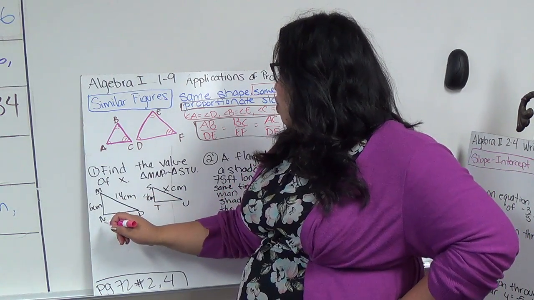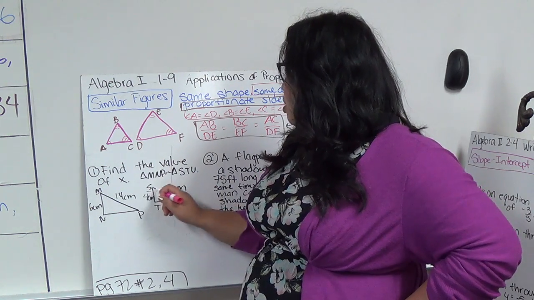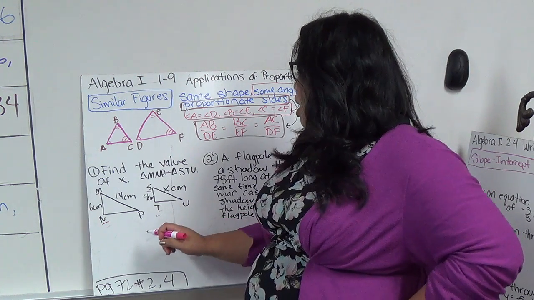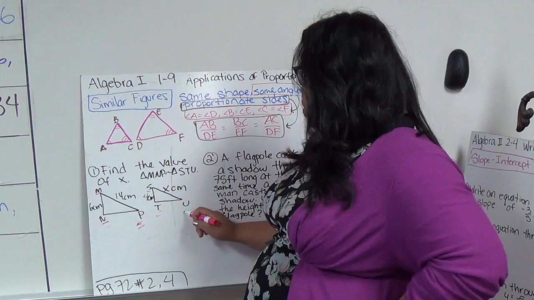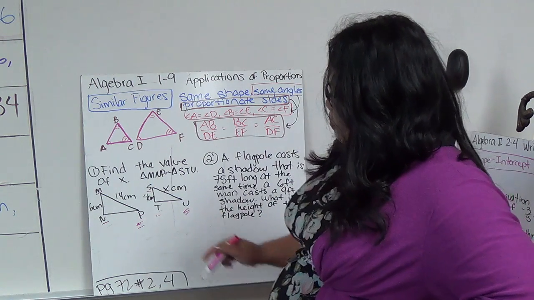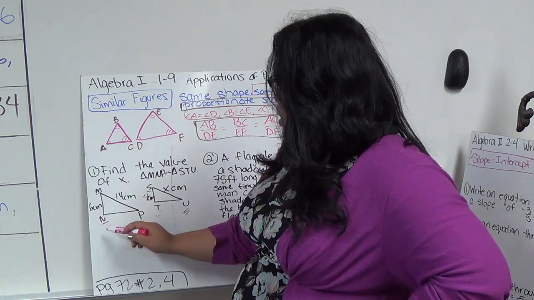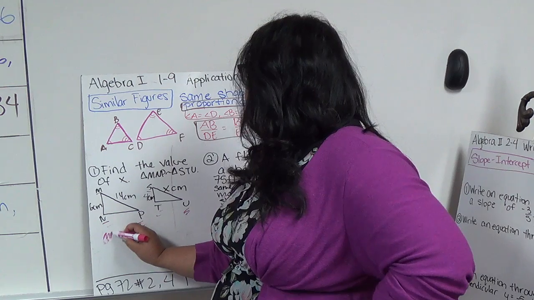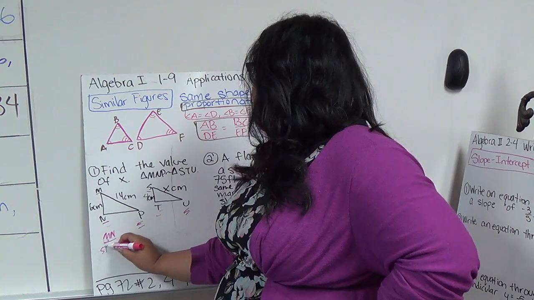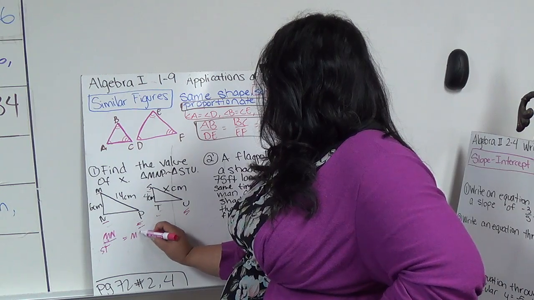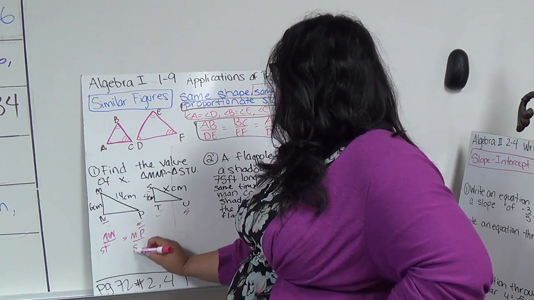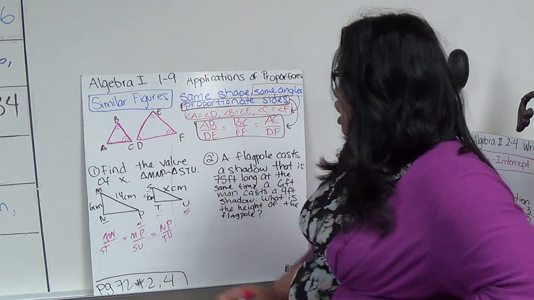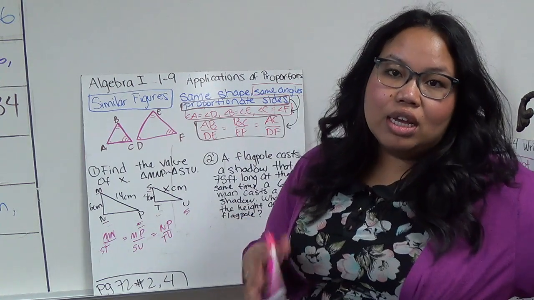M is congruent to S, because they're first, then N is congruent to T, and then P is congruent to U. So MN over ST should equal MP over SU, which should equal NP over TU, right? These are the proportions, not congruent, proportionate, sorry. Keep saying congruent.